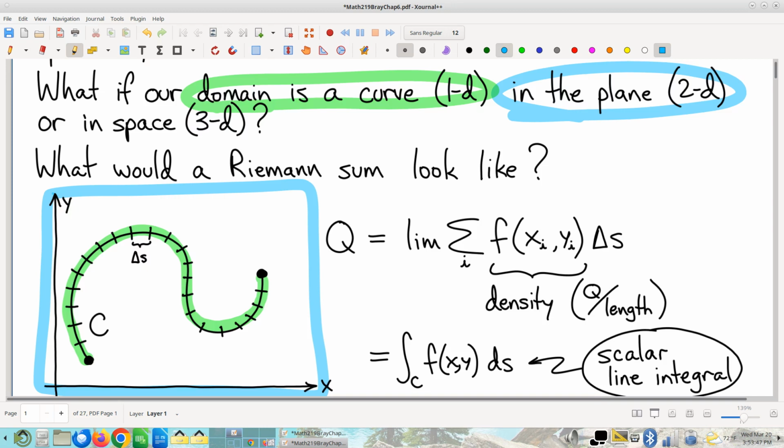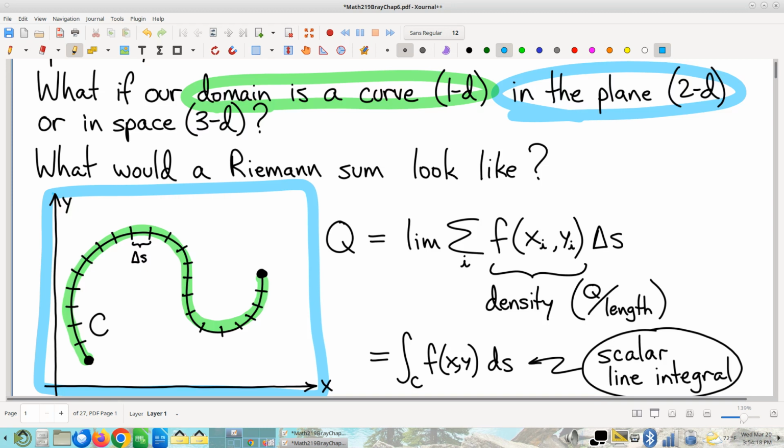That said, it remains that this is still a situation where very naturally stuff can accumulate. Here's a really easy first example. If you have a wire bent around in this shape, and the wire does not have a constant density, let's suppose the mass per unit length is greater over here and maybe less over there, how would you compute the total mass?